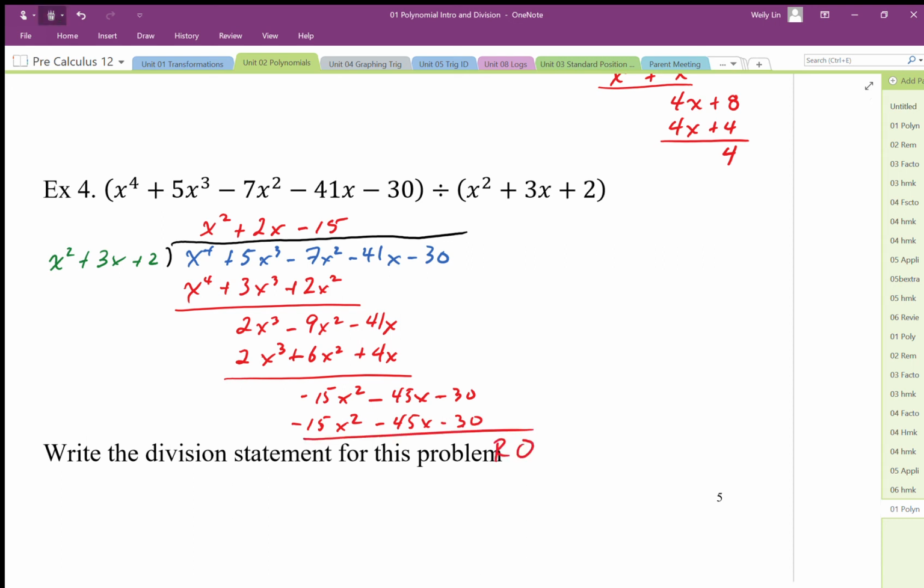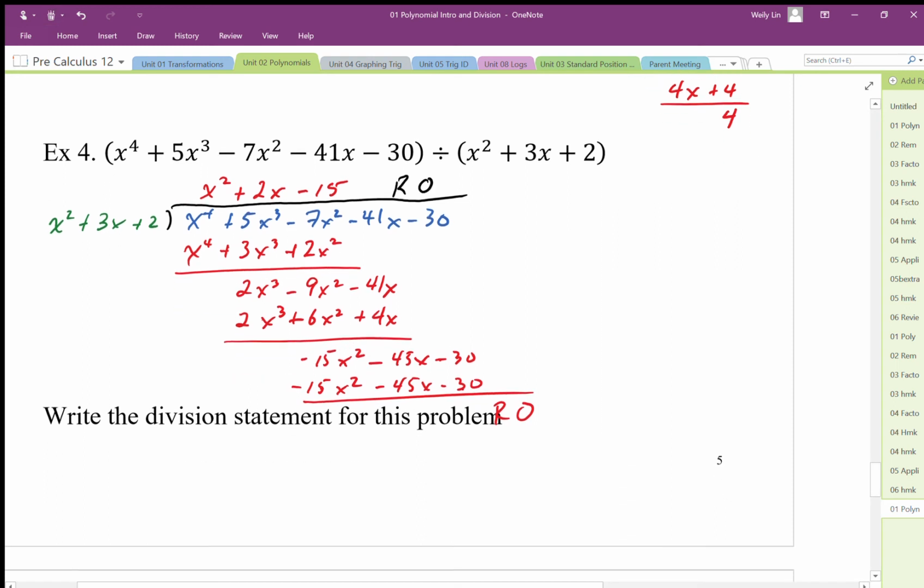So again, this divides evenly, which is nice. This means it's a factor. If it divides evenly, it's a factor. So what does the division statement look like for this?